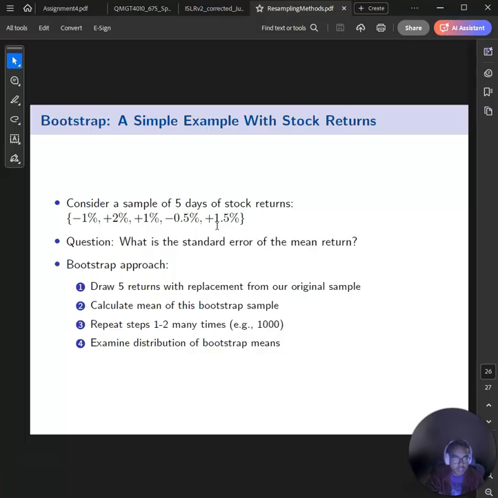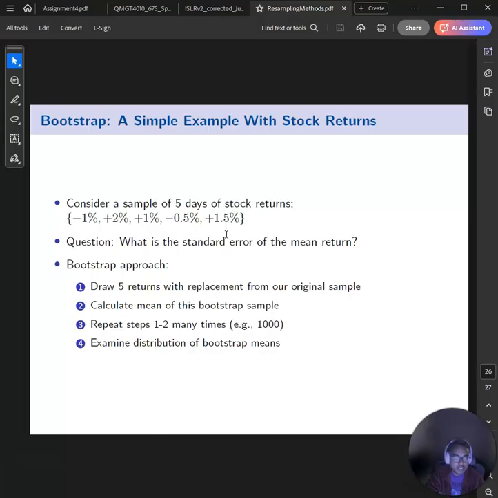In order to do this, we first draw 5 returns with replacement from our original sample. We might get something like plus 1, plus 2, plus 1, plus 2, minus 1. We calculate the mean of this bootstrap sample, which is 1%, and we repeat steps 1 and 2 many times, typically 1000 or more, and finally examine the distribution of these bootstrap means.